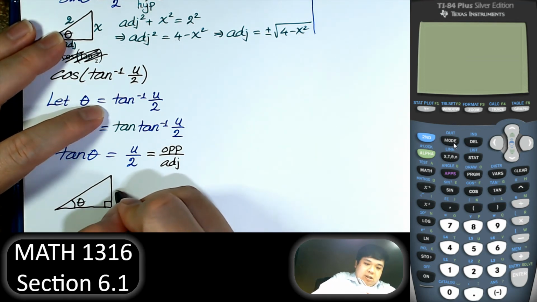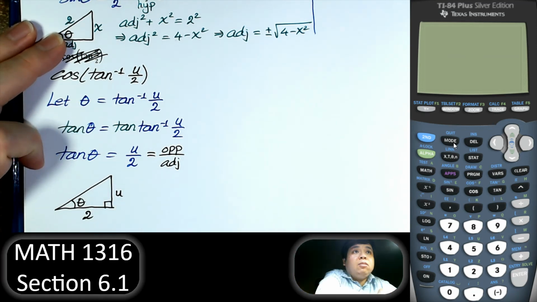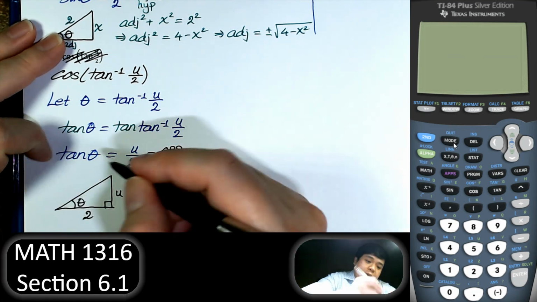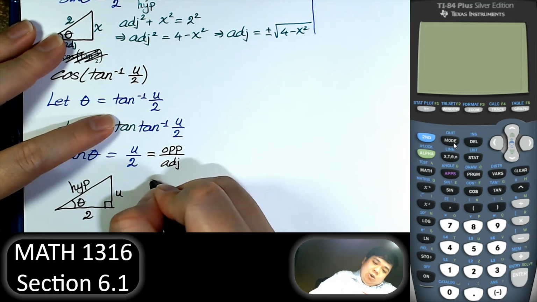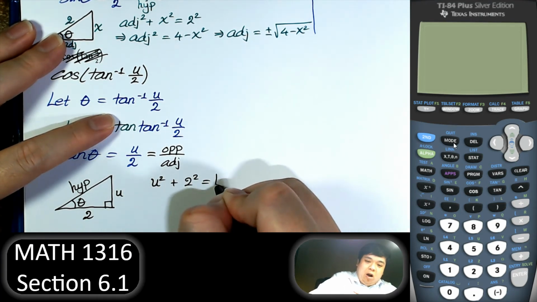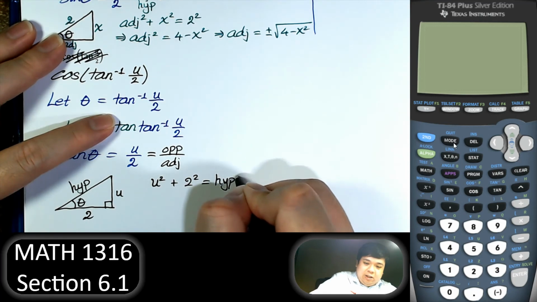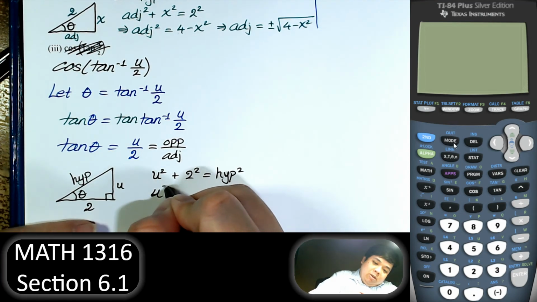Opposite, adjacent, and then we solve for the hypotenuse. So opposite squared plus adjacent squared equals hypotenuse squared. So we have u squared plus 4.